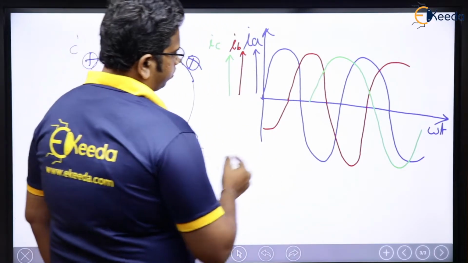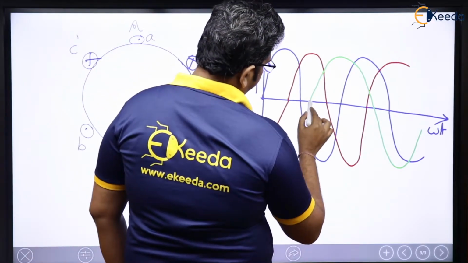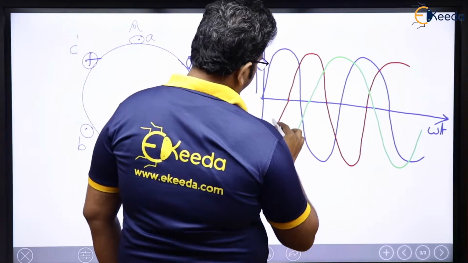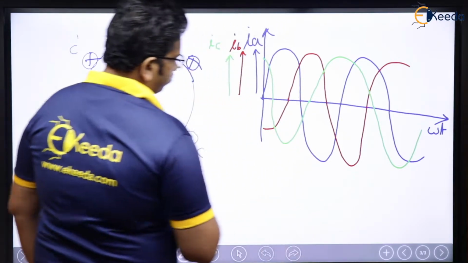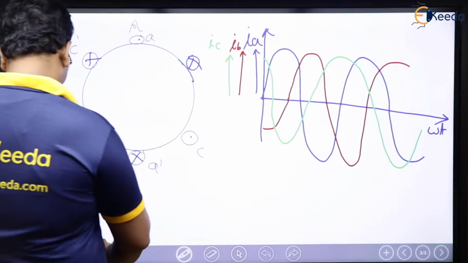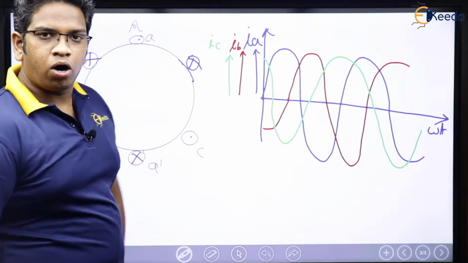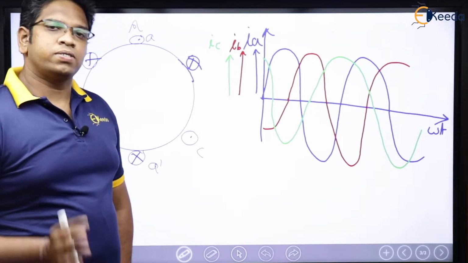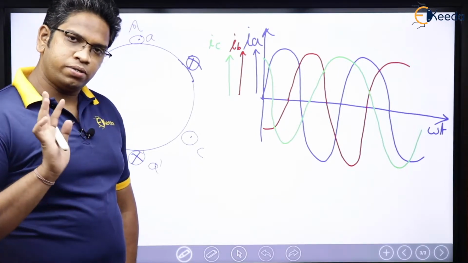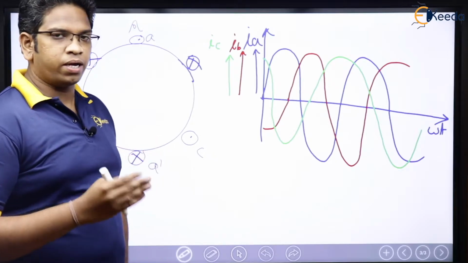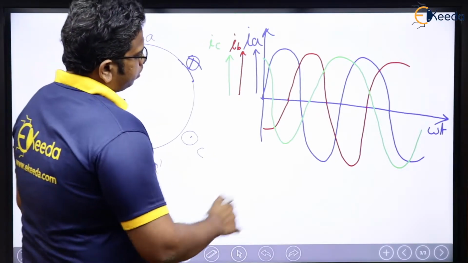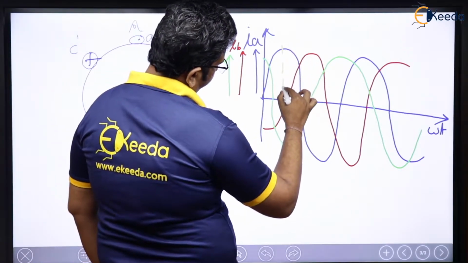Right? Now all are balanced in the sense their magnitudes are the same and they are displaced by the same angle, that is 120 degrees.